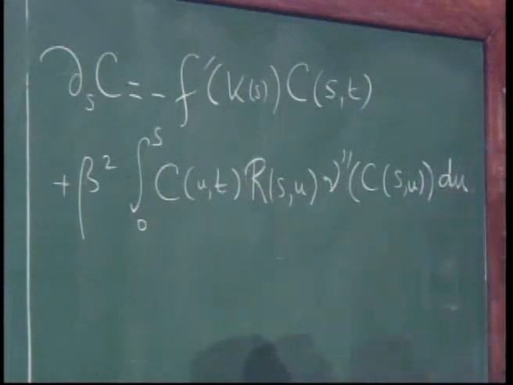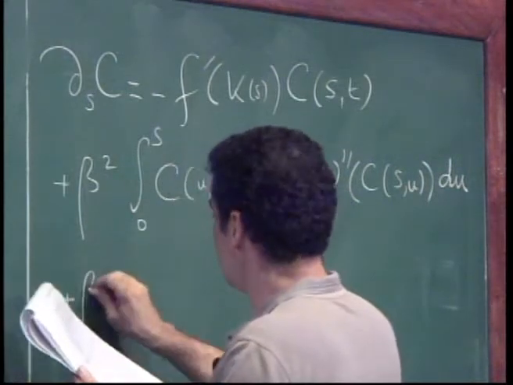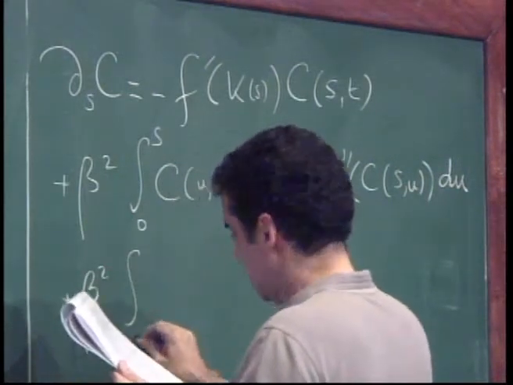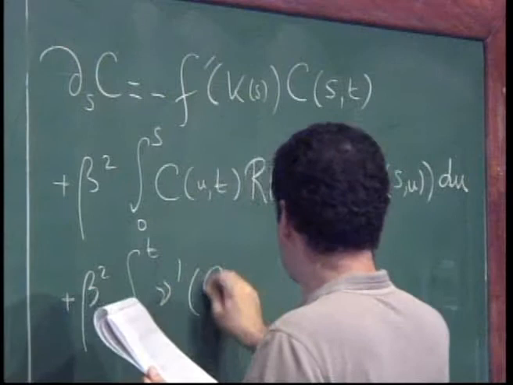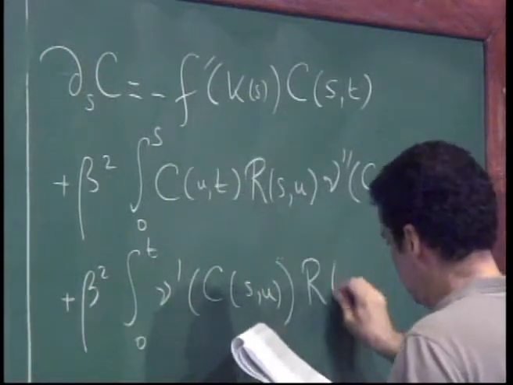So remember what nu is. It's the model that gives us our model of random Hamiltonian. And then you have another term, beta, 0 to T of nu prime of CSU, R of TU, du.